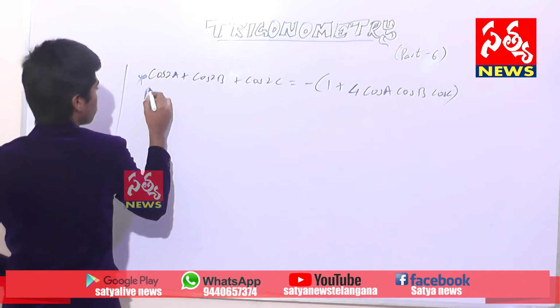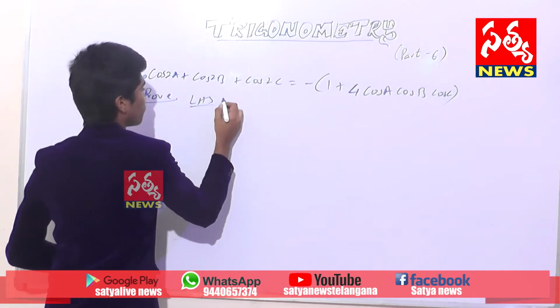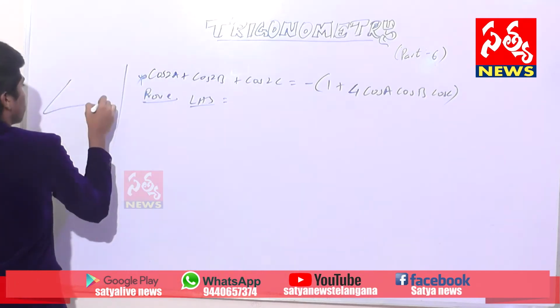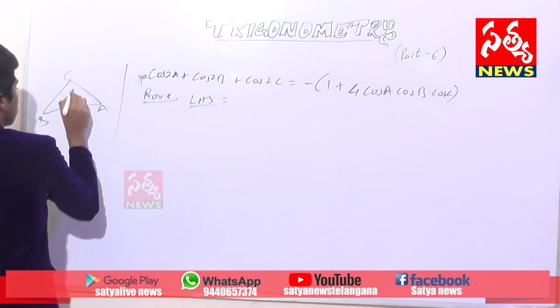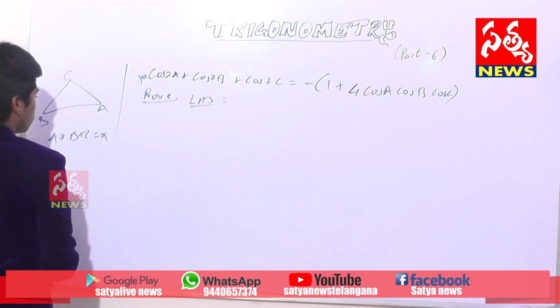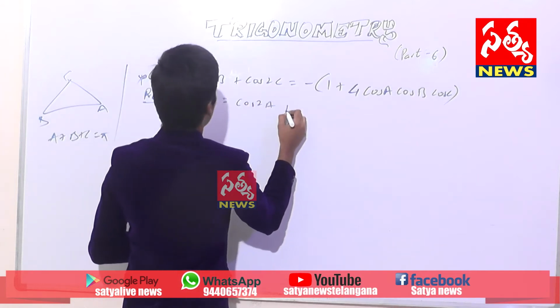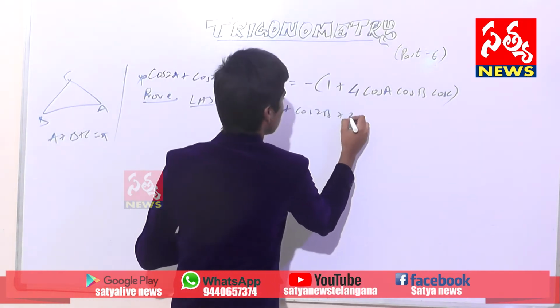Now let's prove it. Let us take first LHS, and the condition is the same. This is a triangle ABC, and A plus B plus C is equal to 180 degrees. So now taking LHS, cos 2A plus cos 2B plus cos 2C.